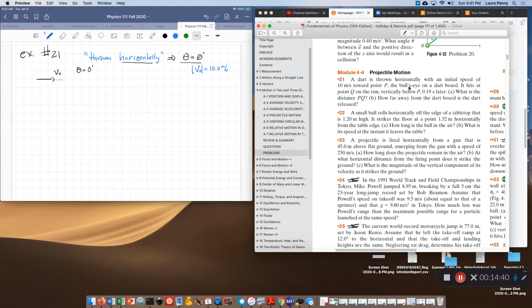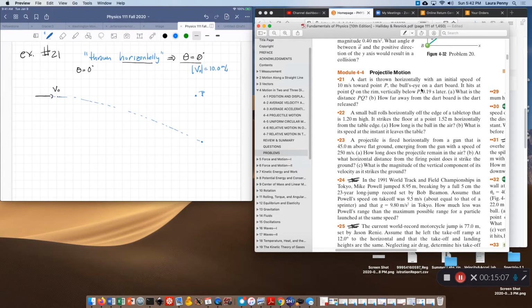So actually, let me move this down a little so I can have it go towards my dartboard. My point P is going to be here, directly opposite this. But my dart actually falls down. It doesn't get to go straight across.